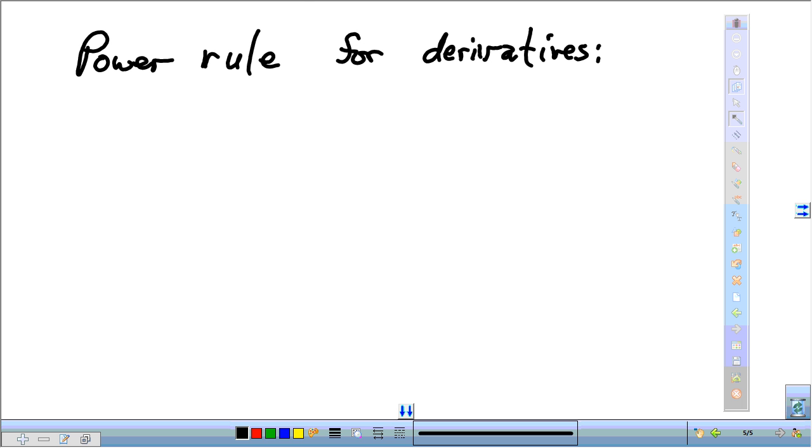We looked at a power rule for definite integrals, or those sums. Here we're going to look at a power rule when we use this definition, the limit, that gives us a derivative. So again, just a basic power, x with an exponent n.